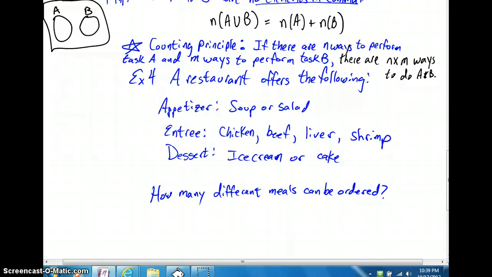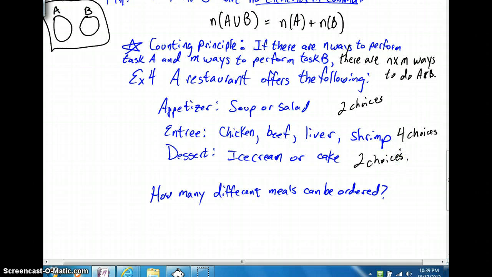That you can't say, no thank you, I don't want one. So for this appetizer, there are 2 choices or 2 ways you can select an item. For the entree, we'd have 1, 2, 3, 4 choices that you could make. 4 ways you could select that entree. And then finally, for dessert, there'd be 2 choices as well.